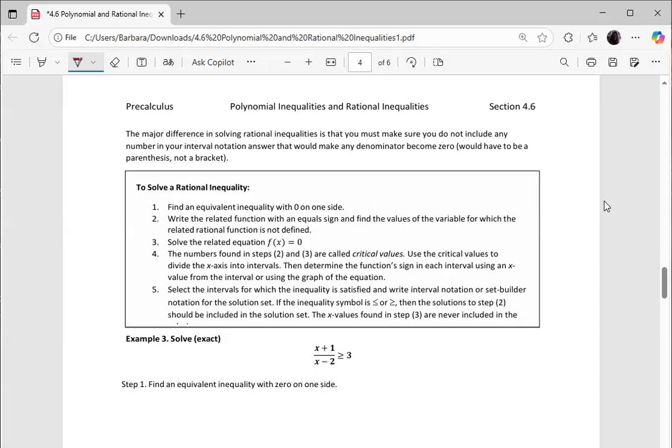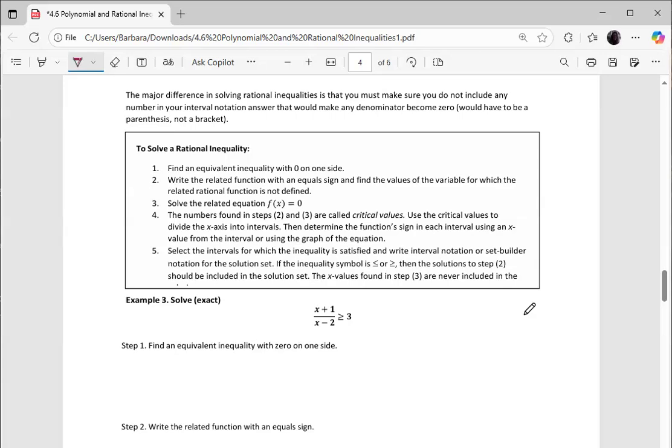In step 4, with the numbers that you found, those are my critical values, we're going to divide the x-axis into intervals and determine the sign of each interval. And in step 5, we're going to select the interval that makes the inequality true.